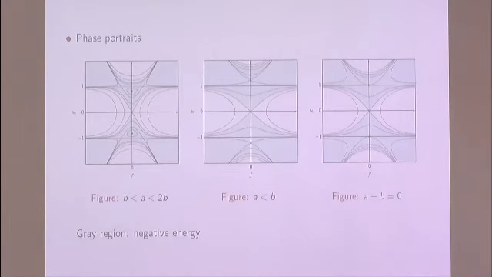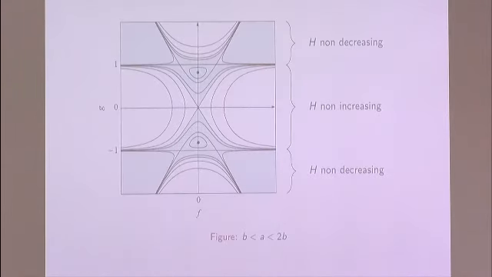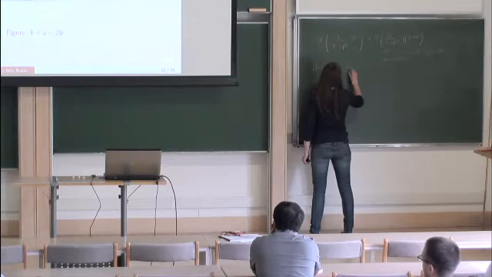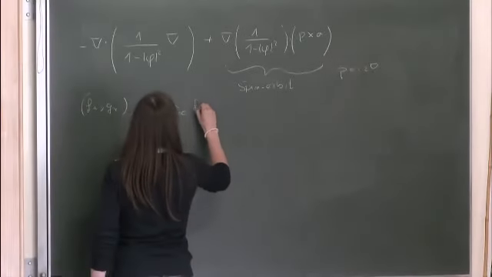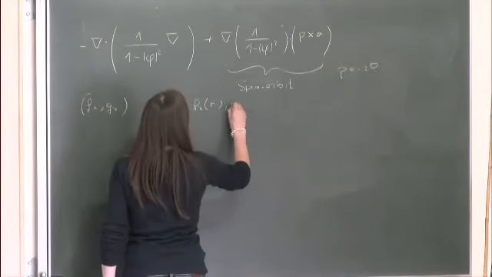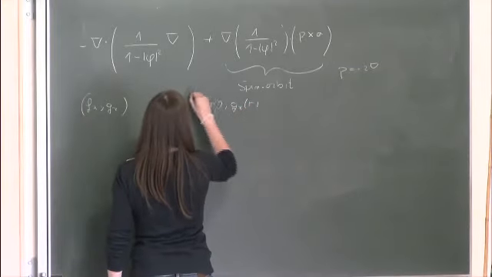Then let me consider, for example, the case where A is bigger than B and smaller than 2B. And suppose by contradiction that there exists a solution with finite energy. That means that we have f(x), g(x) such that the limit as r goes to infinity of f(x)(r), g(x)(r) is equal to 0.